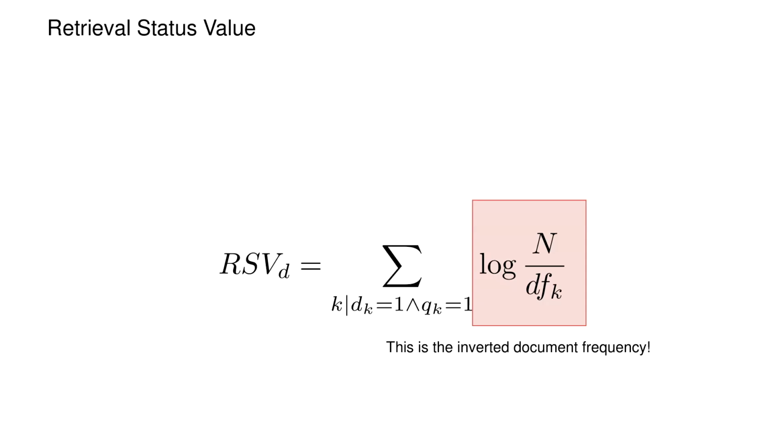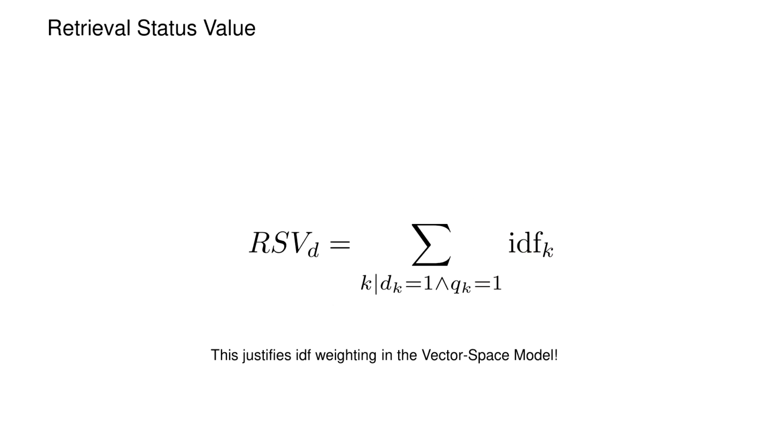So if we do that on both sides, and on the query side, we don't have IDF, on the document side, we have the IDF, and we don't normalize, then we get exactly the retrieval status value of the probabilistic information retrieval model. It's all connected. Probabilistic information retrieval, the vector space model. All right. So this is great, right? This really, really is a great result.